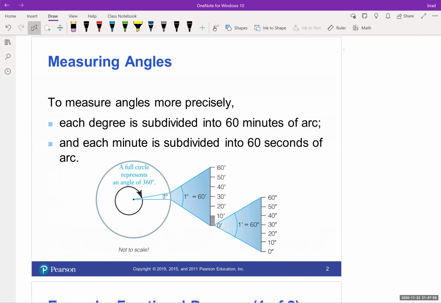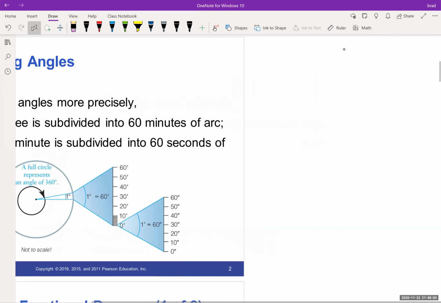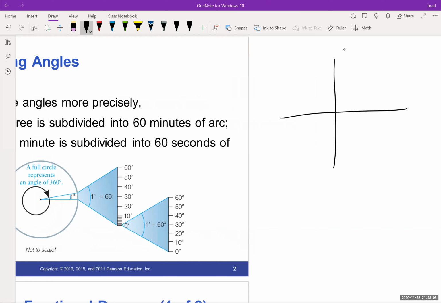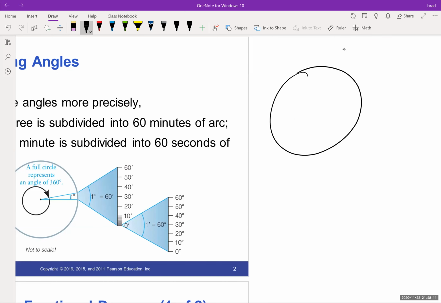So measuring angles. Obviously, many of you have dealt with angles in the past. In trigonometry, we oftentimes talk about the unit circle.